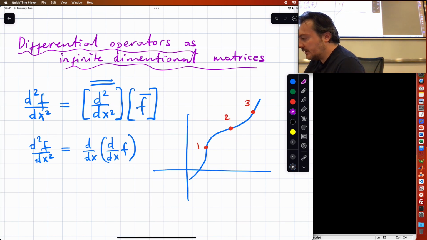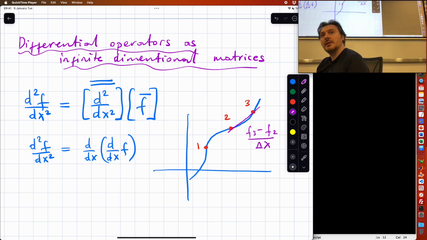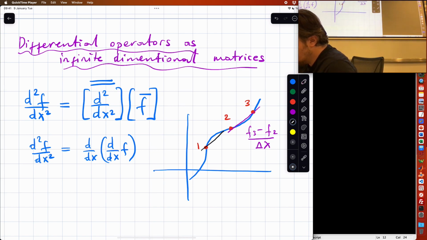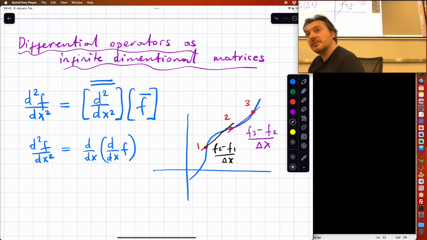How do you define the derivative over here? It's basically f3 minus f2 over delta x. Do you agree? That's the derivative over there. How do you define the derivative over here? It's f2 minus f1 over delta x. That's basically the derivative over here and the derivative over here.